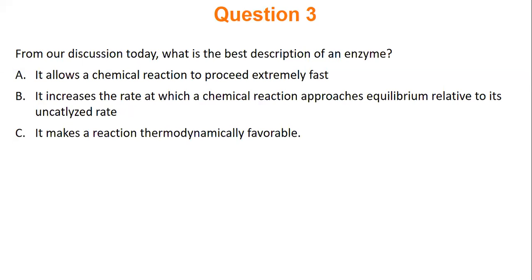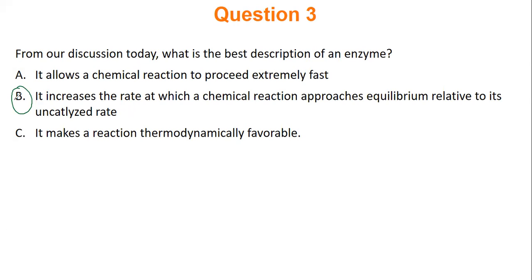All right, so I'll end it there. The majority of people selected B, with some people selecting A. So the correct answer is B. What an enzyme does is that it speeds up a reaction to make it go to equilibrium faster.